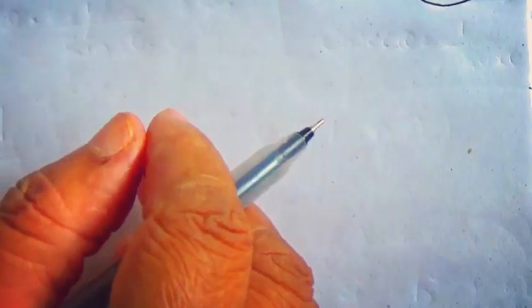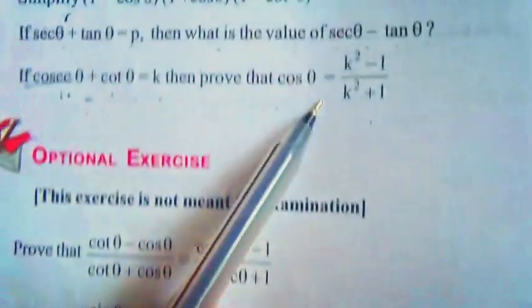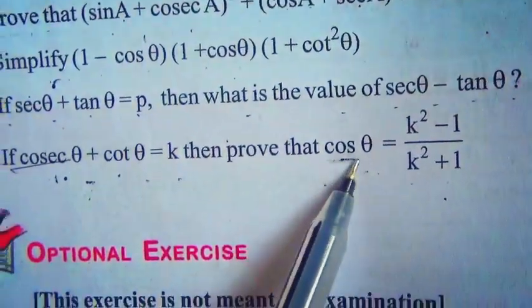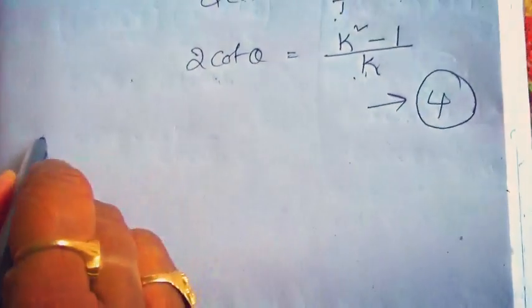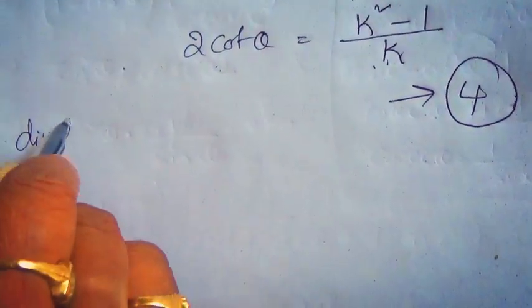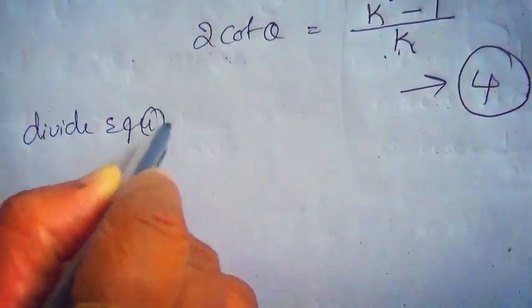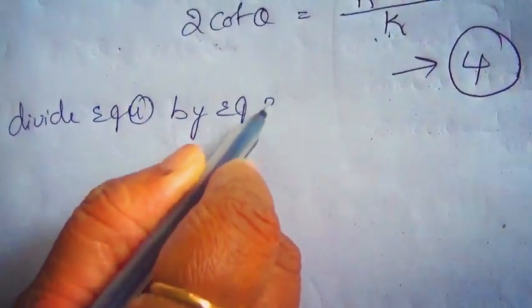Look here, we want cos theta on the LHS. So I am taking equation number 4 and dividing equation number 4 by equation number 3.